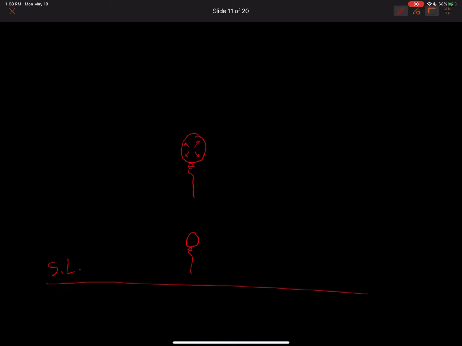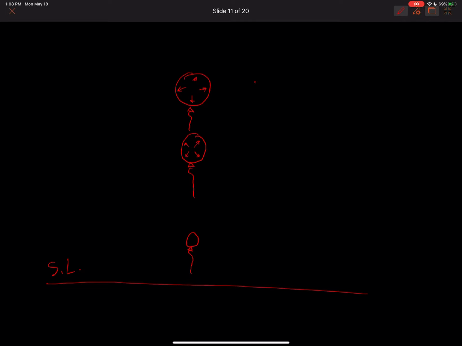So because the pressure on the outside is decreasing, the pressure inside stays the same, the balloon starts to expand. And as it keeps going up in altitude, it's going to get even bigger because that pressure differential is going to get even greater.